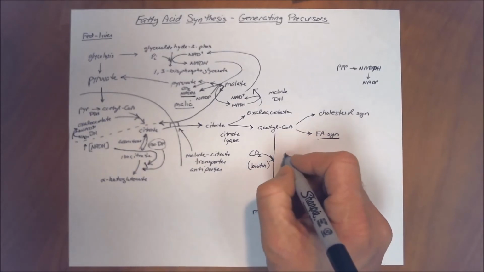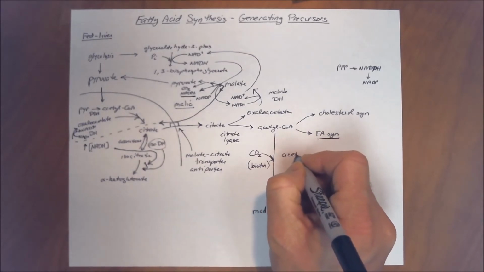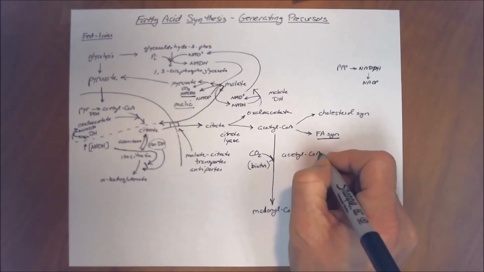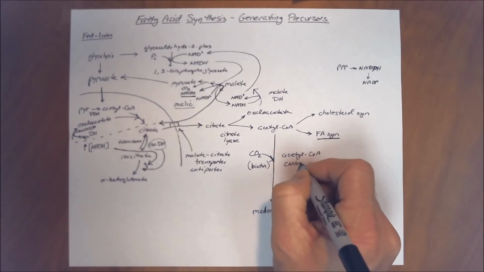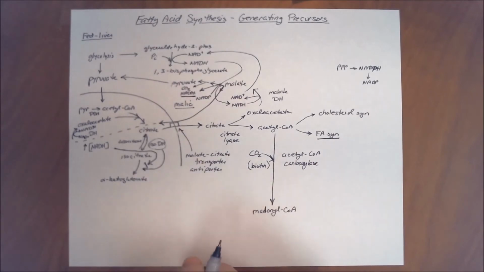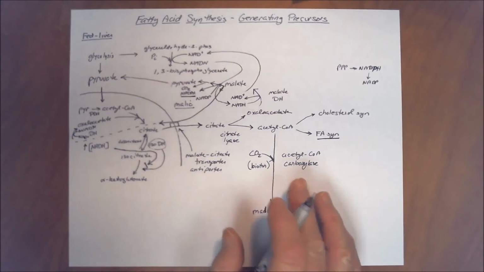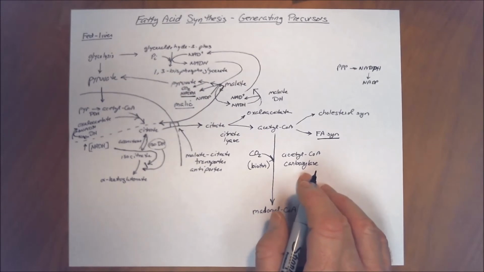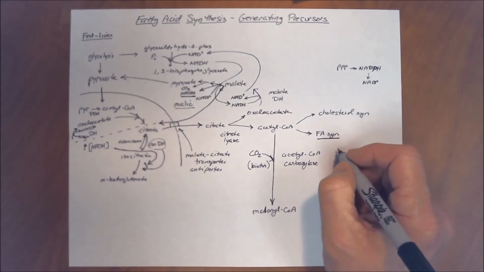And the enzyme that does this is acetyl-CoA carboxylase. Now, this particular enzyme has both intra-pathway regulation and inter-pathway regulation. The intra-pathway regulation is going to be simply a substrate feed-forward and a product feedback regulation.